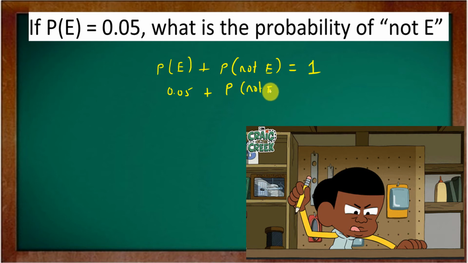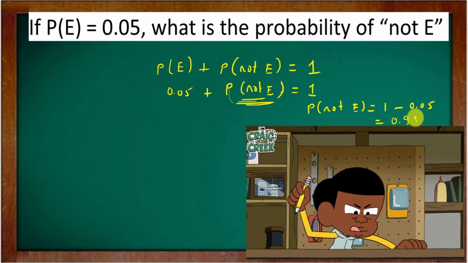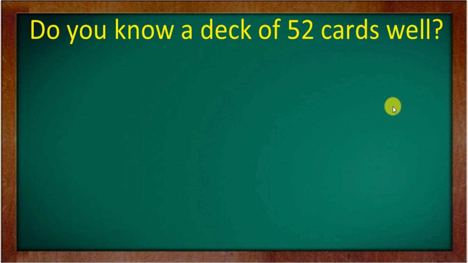If I want to find this, I just need to take this 0.05 to the other side, and this becomes 0.95, right?